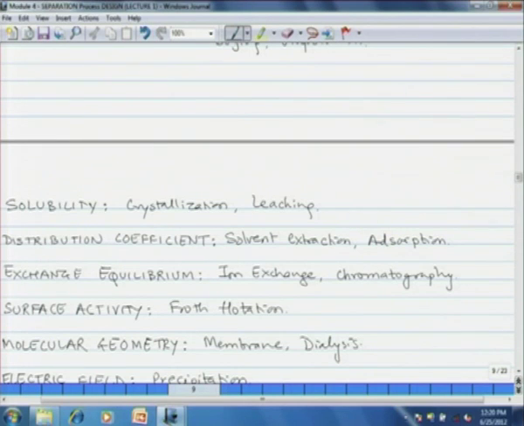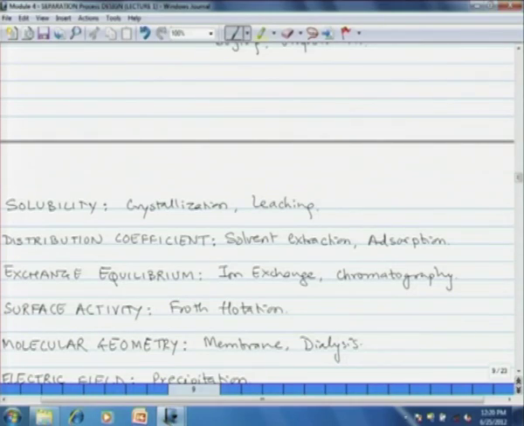Then the distribution coefficient. When a particular reaction mixture is contacted with a solvent, not all of the components that are initially present in the reaction mixture have equal affinity or solubility in the solvent. So, some components get selectively solubilized or diffused to the second phase that is added, that is the solvent, and this helps us in achieving some separation between the components.